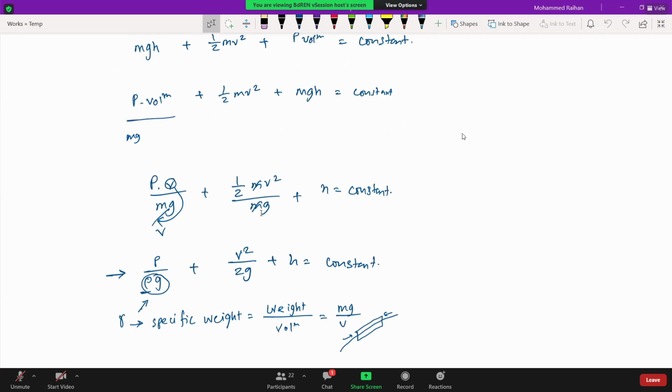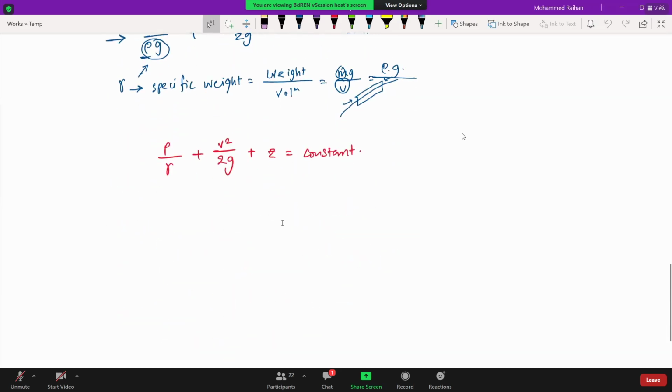So m divided by volume is density. So density into g, we can write that as P divided by gamma plus V square divided by 2g, plus, instead of writing h, it is fancier to write z, equals constant. So we have derived our Bernoulli's equation.